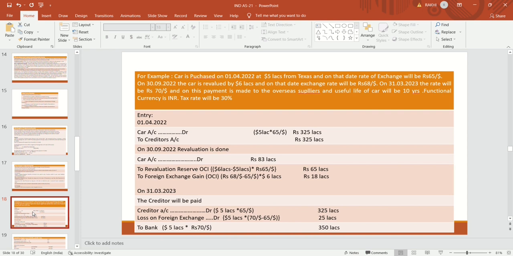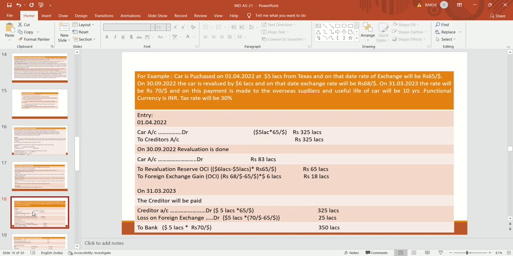The rate will now be 68, and previously we recorded at 65. So we only recognize the differential amount, 6 lakhs minus 5 lakhs, which is charged to revaluation reserve, because earlier we recognized that at 65. Whatever we recognized at 65 is to be charged to that account.